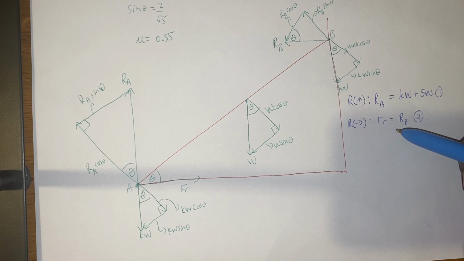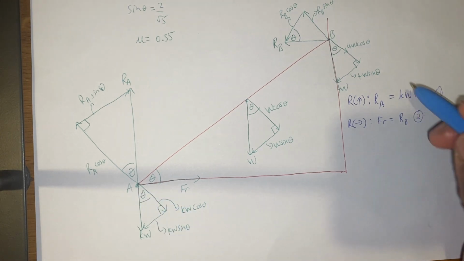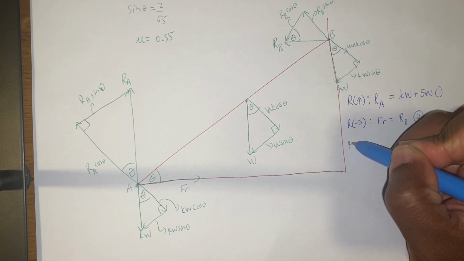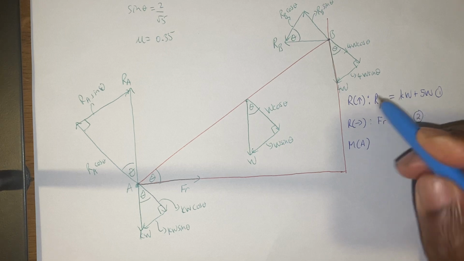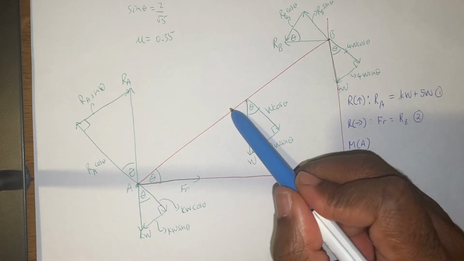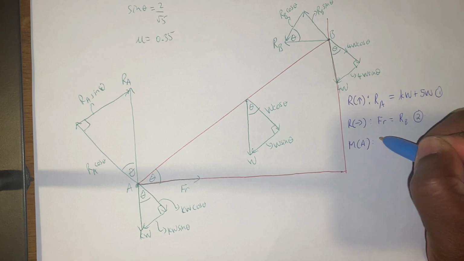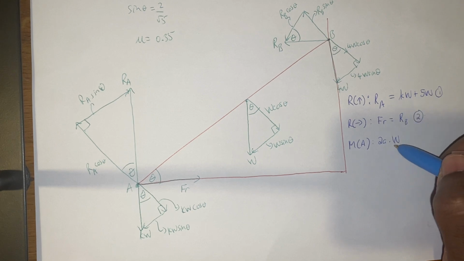Then we're going to take moments about the point A. So this is going to be halfway along, so again it will be 2a times W cos theta, cos theta being 1 over root 5, so W over root 5.